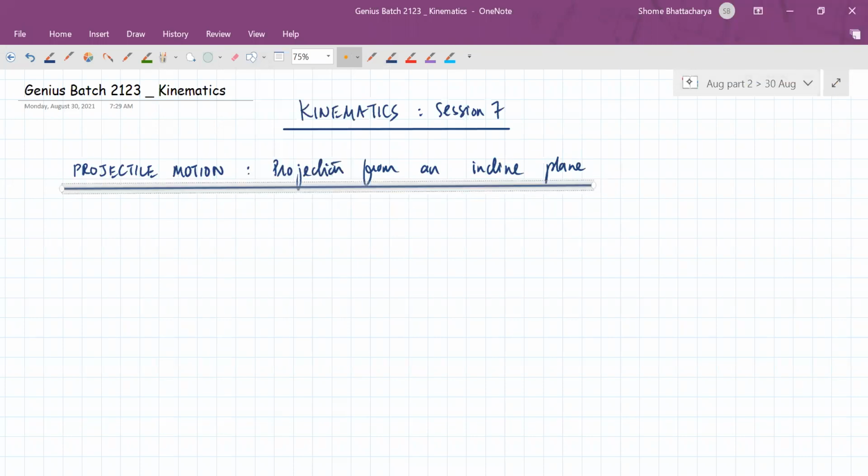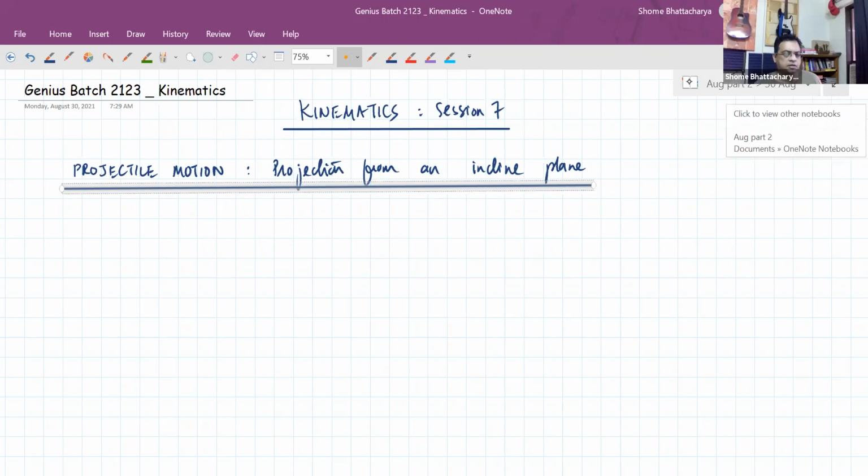It's a bit about adjustment of our vector algebra in the case of an inclined plane, just like you have seen with application of Newton's laws for an object on an inclined plane, whether it is at rest or sliding down or being pushed up. Generally, we tend to resolve everything with respect to one axis parallel to the inclined plane and one axis normal or perpendicular to the inclined plane. Same thing we do over here also in the case of projectile motion.